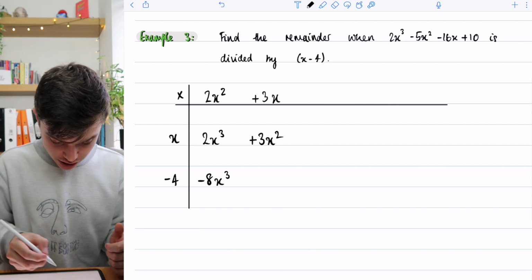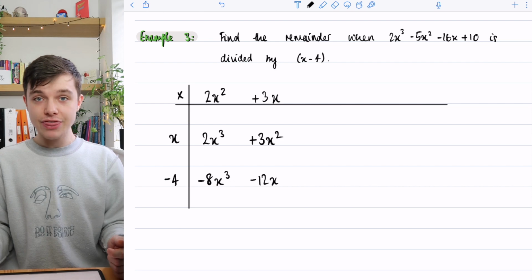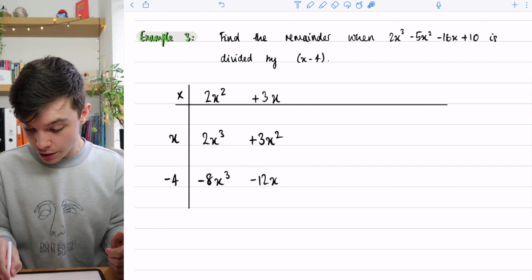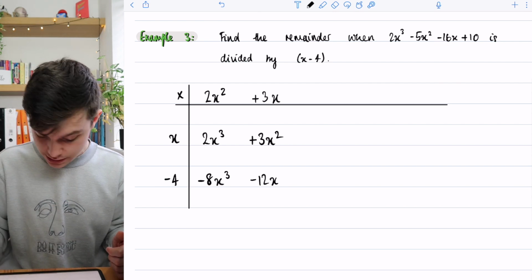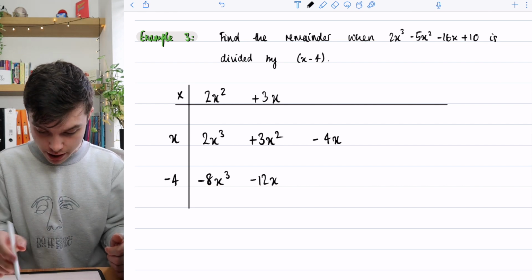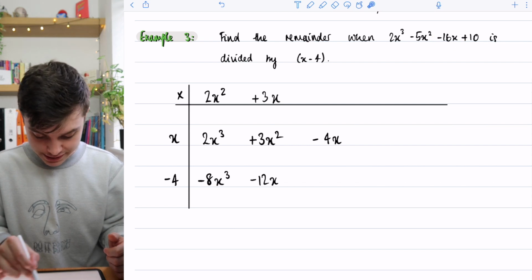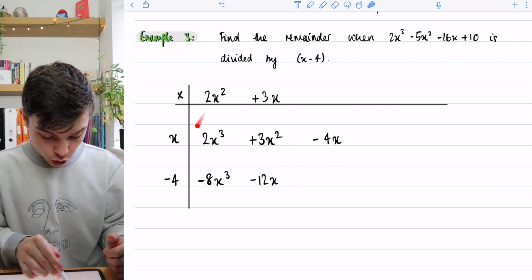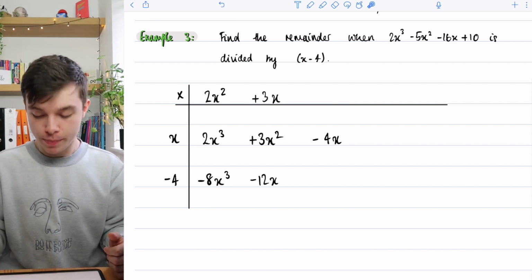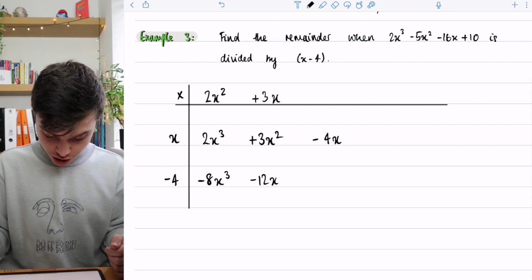Do the multiplication down here, that's going to give me minus 12x, and then working along the diagonal, I can see I don't want minus 12x, I want a positive 16x, so I'm going to need to take 4x off from the minus 12. So along the diagonal, I can see I have the minus 16 there, okay? Because again, under the grid has to add up to the cubic, the thing that we are dividing. So we have that, and then we'll do the division.